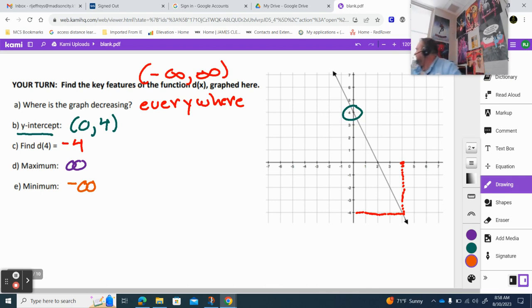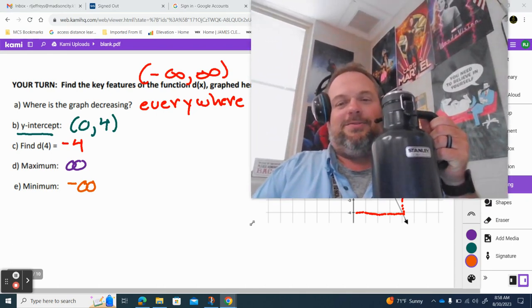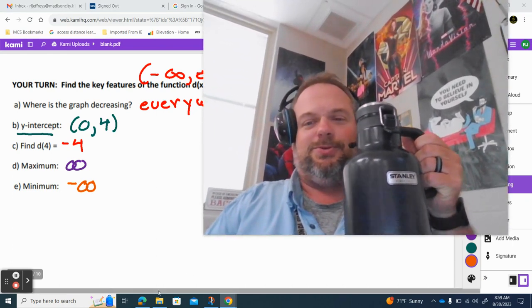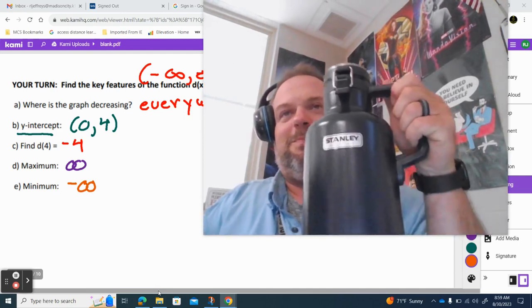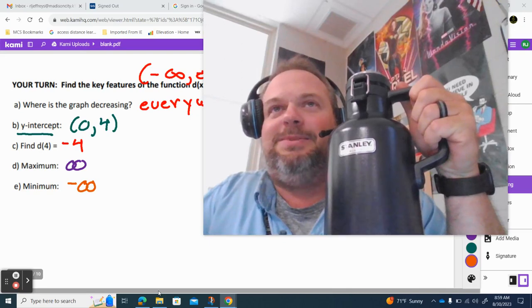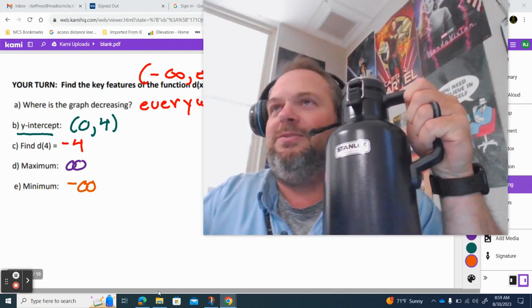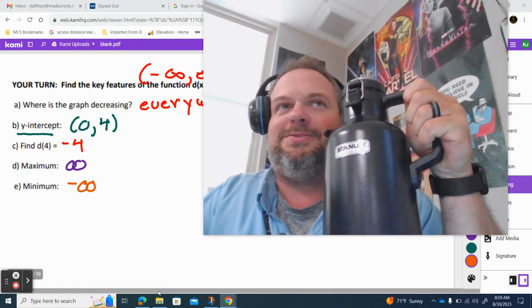Speaking of special drinks, I would like to introduce the Manly Stanley. The Manly Stanley is for those, listen, I don't know if y'all have this issue at your school. I cannot go down the hallway without being attacked by somebody with a Stanley Cup. I have bruises on my elbows and on my hands from people hitting me.